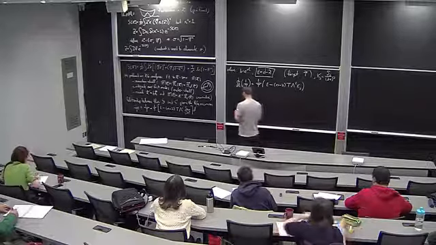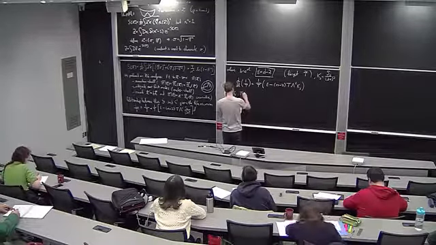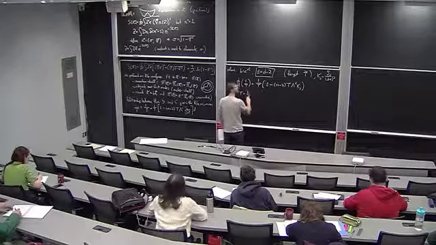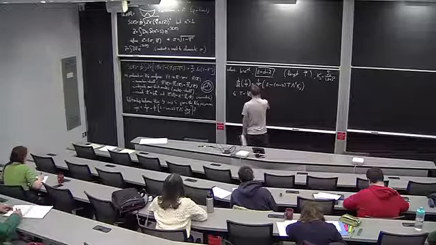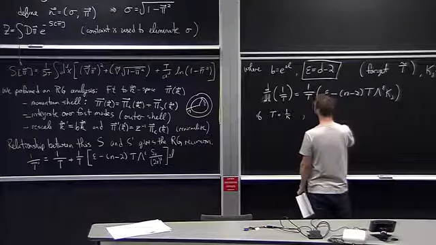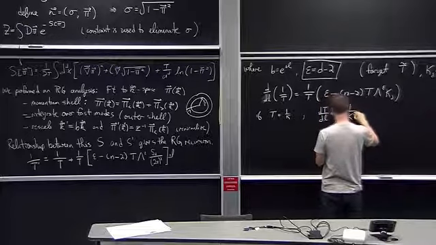Let's just remember, if t is 1 over k, I just want to write this in terms of t. So I want a differential equation in t. That should be minus 1 over k squared.